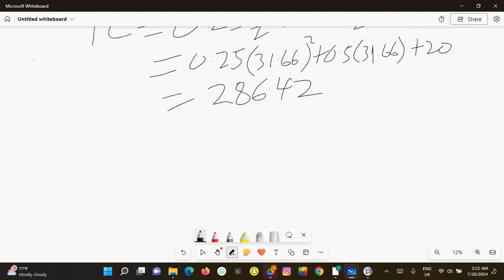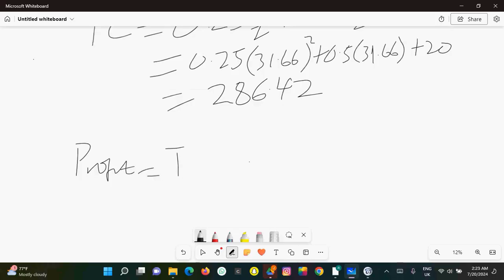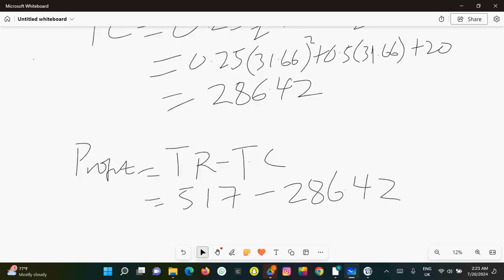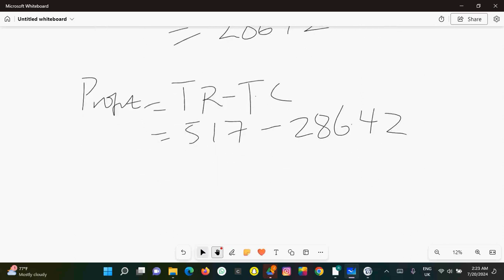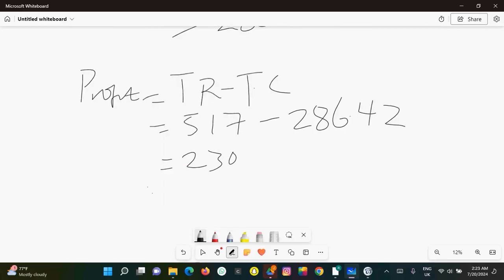So now profit is equal to TR minus TC. We had total revenue to be 517 and TC to be 286, so we are going to get a positive profit.